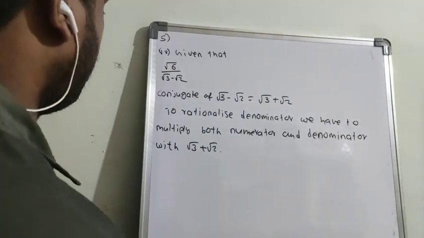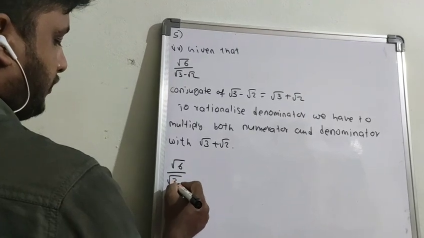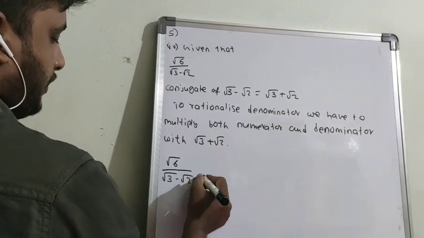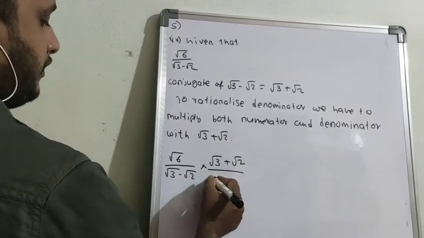With root 3 plus root 2. Now multiply root 6 by root 3 minus root 2 into root 3 plus root 2 by root 3 plus root 2.